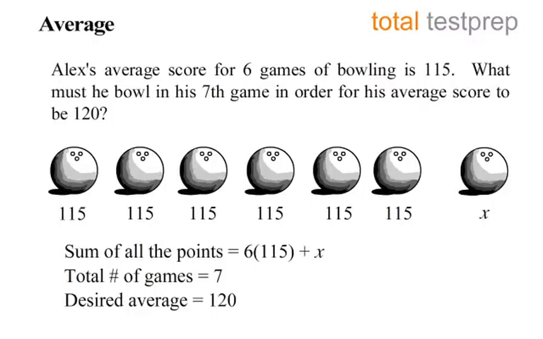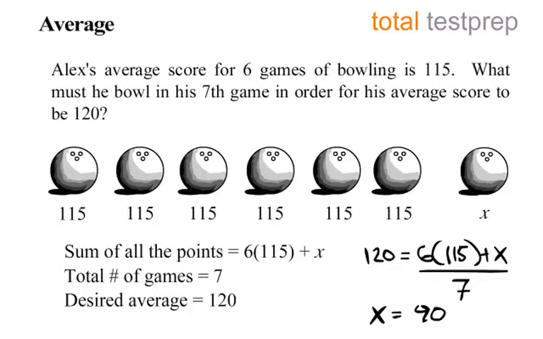We would use the formula and say that average is equal to the sum divided by the total number of games. Or in other words, the desired average, 120, is equal to 6 times 115 plus x, because that's the sum of all the points, divided by 7, because that's the total number of games. If you do the algebra, you get that x equals 90. So Alex must bowl a 90 in his 7th game in order for his average score to be 120.